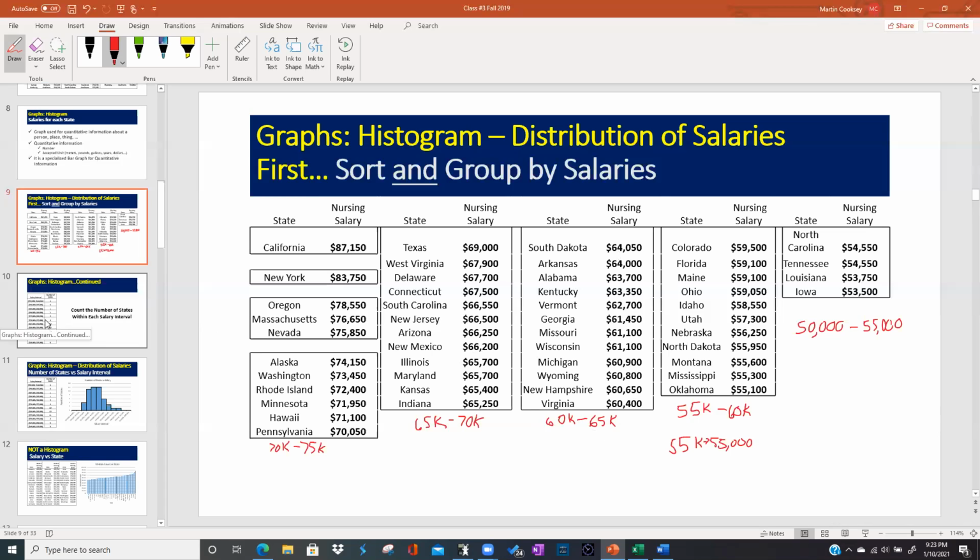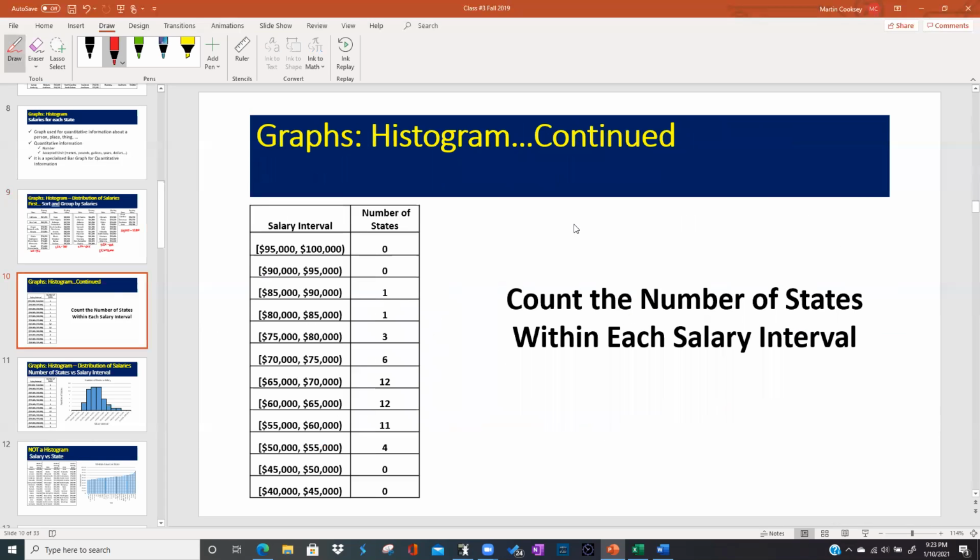And this particular table format is what we call a frequency table. So this frequency table is just that.